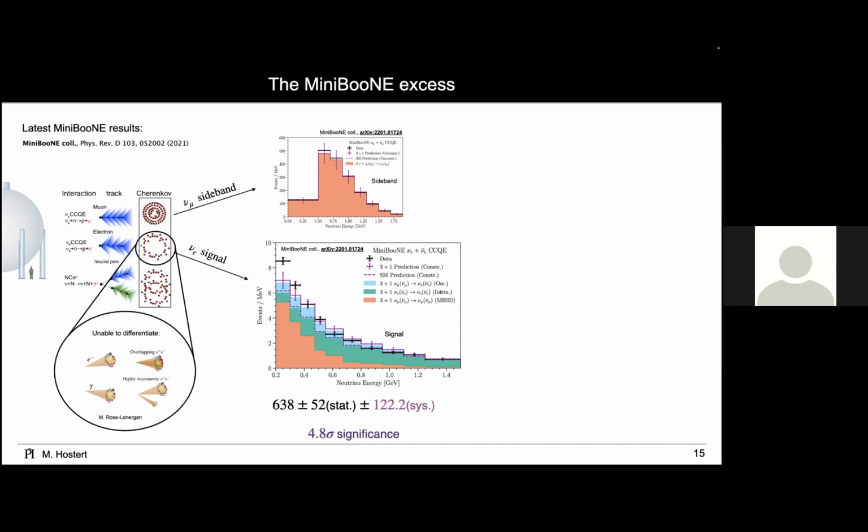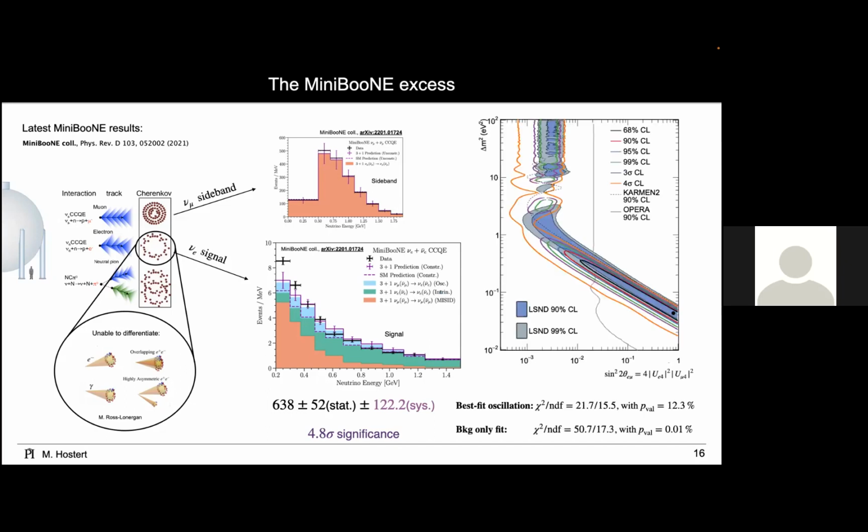So the crucial part of the MiniBooNE excess is understanding that background. That's where the systematics is coming from. If we believe these are oscillations, then the best fit in parameter space, which is given by the mass square difference, so that approximately 1 eV region that you care about, versus that appearance angle, which is the product of these two matrix elements there.